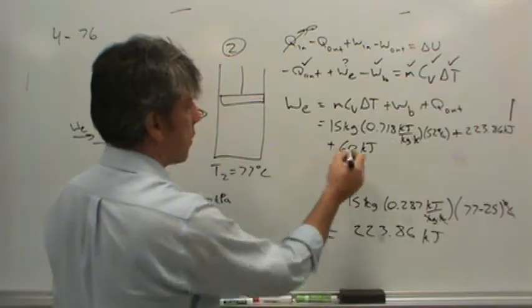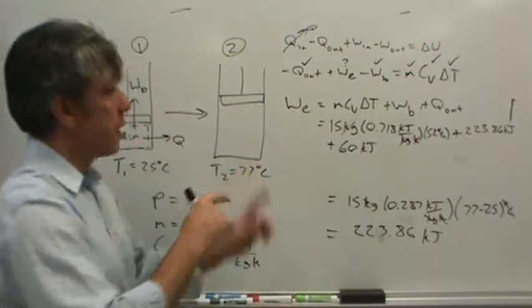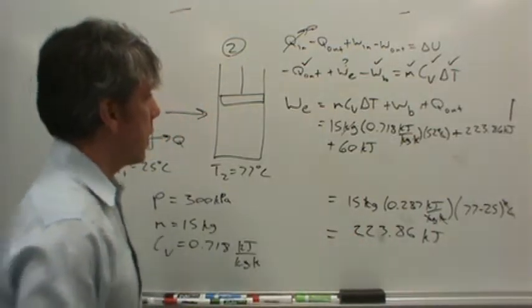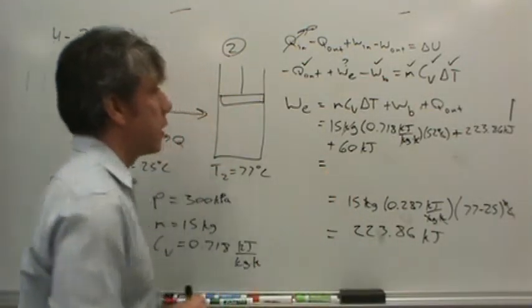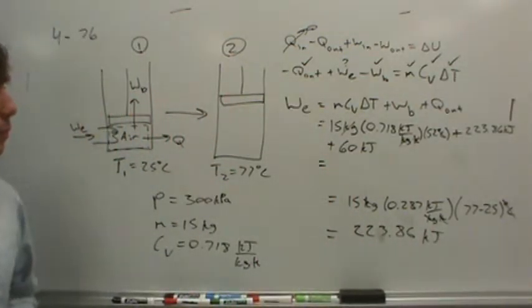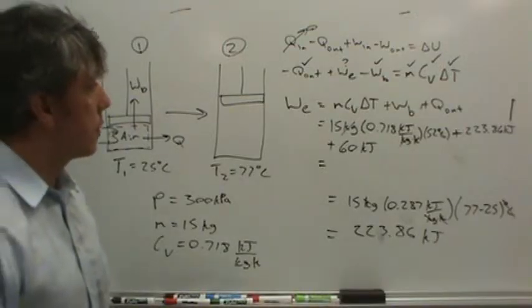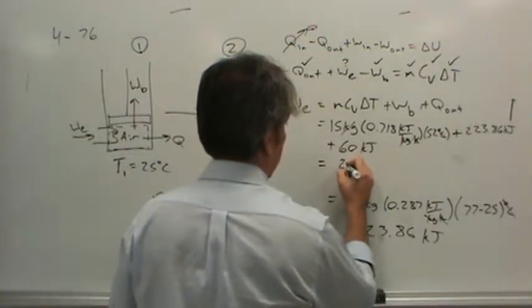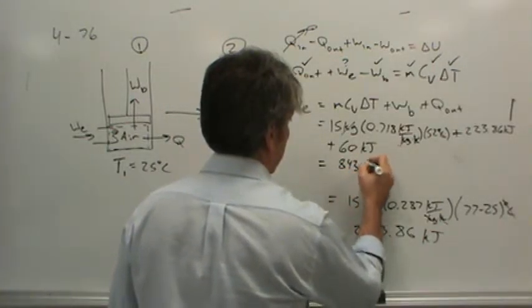Degrees Celsius and Kelvin again go away. So we've got kilojoules, kilojoules, and kilojoules. So add all this together and let's see how much electrical work is required. Let's see. It's 843.9, so 844 is good.